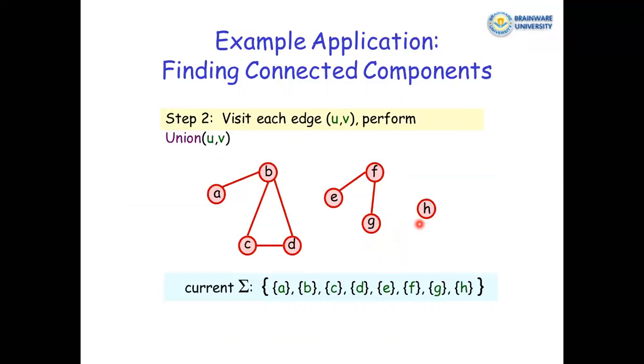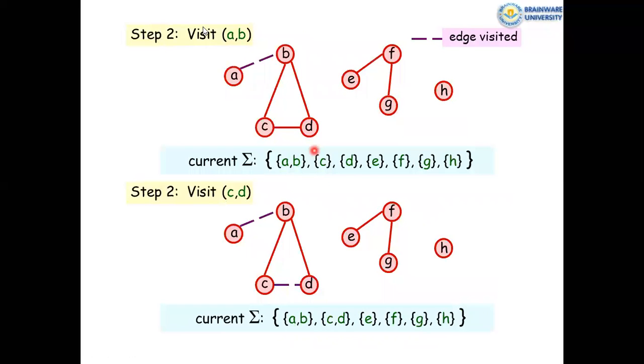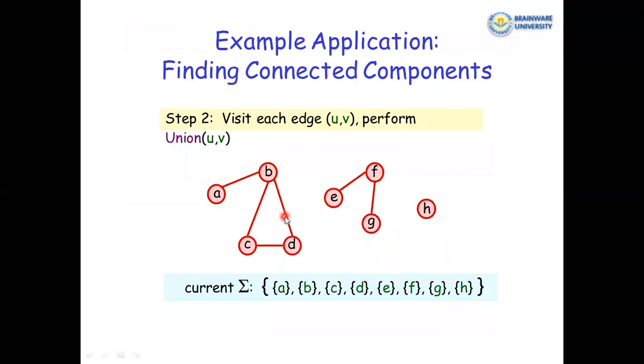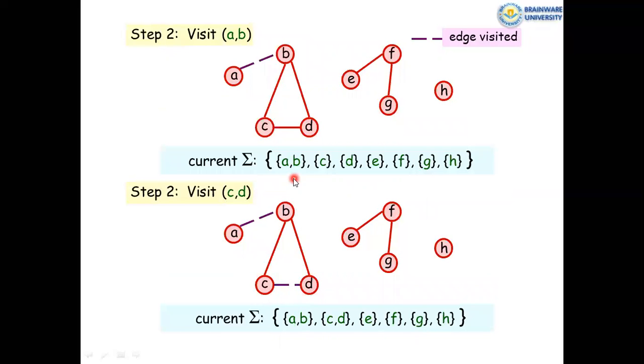We check whether a and b belong to the same set. They do not, because a and b belong to two different sets. Then we apply the union operation and merge a and b.